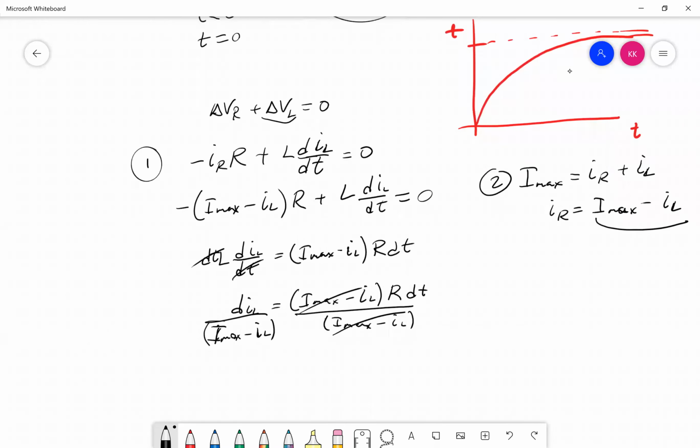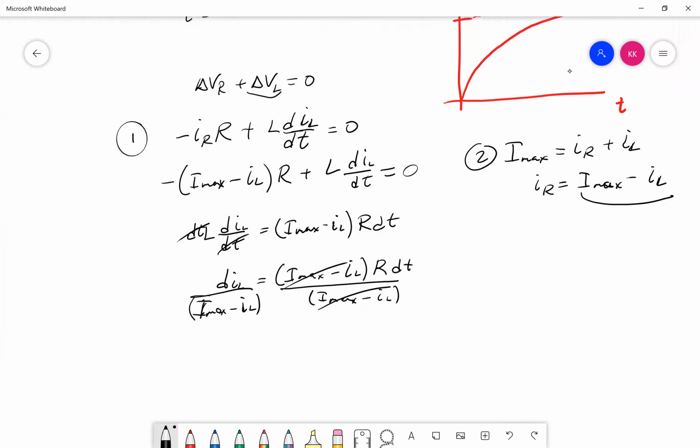So finally, dIL over (I max minus current through the inductor) equals, and sorry, there was an L, divide both sides by L as well, so it becomes R over L dt.